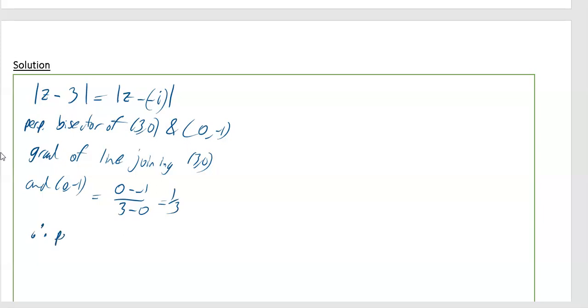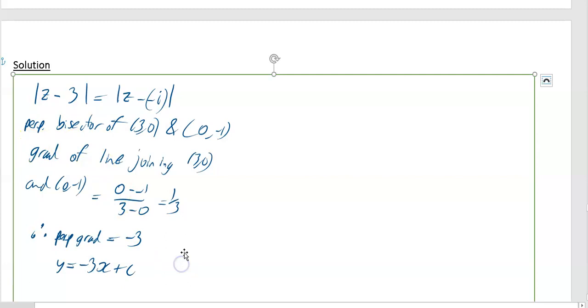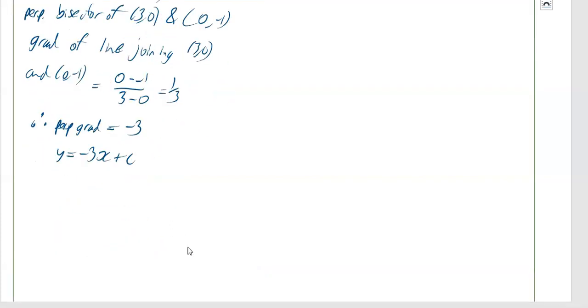Therefore, the perpendicular gradient is going to be minus 3. So your line so far, remember y equals mx plus c, is y is equal to minus 3x plus c. It's a perpendicular bisector, so what we've now got to do is bisect the points 3, 0 and 0, minus 1.